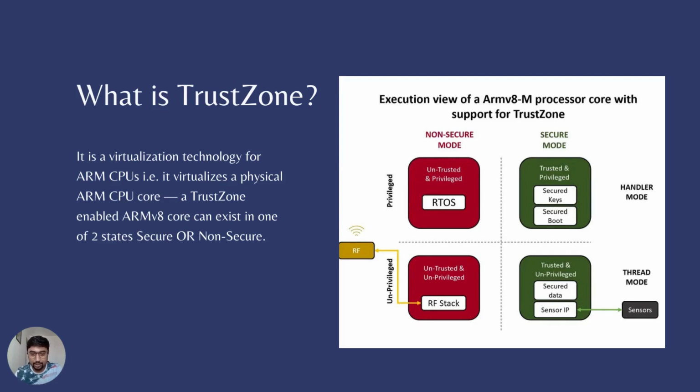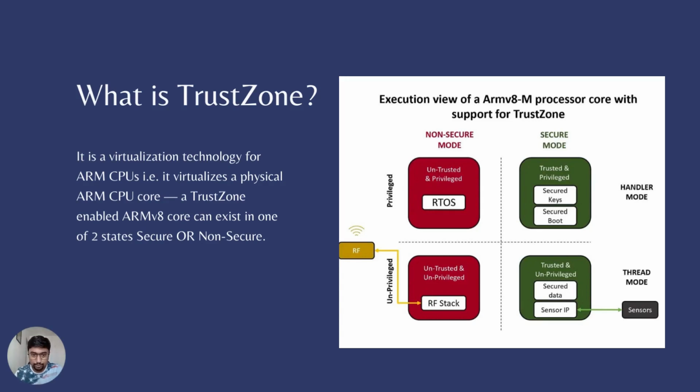We can perform sensitive operations such as cryptography, secure key storage, and various other things. Whereas applications running in the non-secure world don't have any access to secure resources. Secure resources means secure memory, secure RAM, secure peripherals, etc.